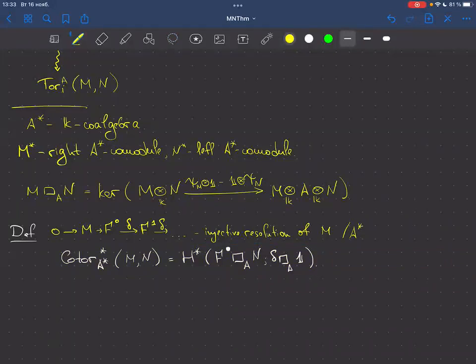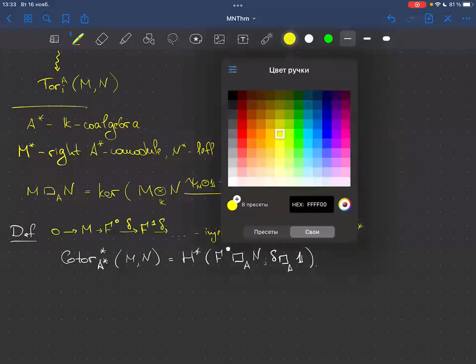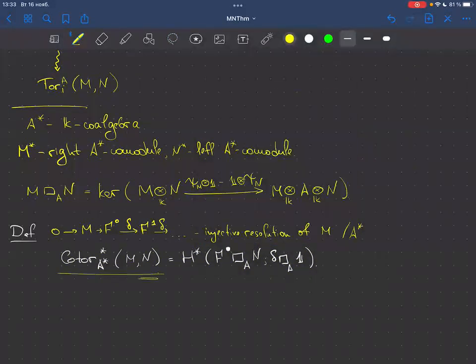Great. So now it looks like we can obtain something like this to compute something with the Adams spectral sequence. But we still have one more step.